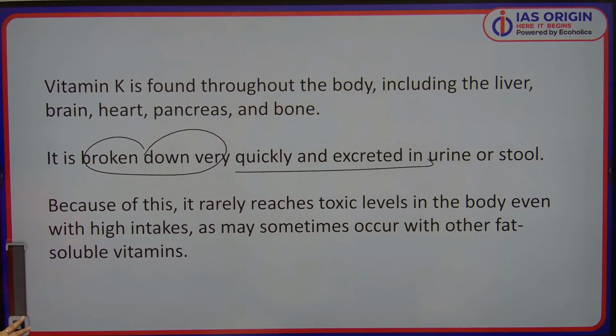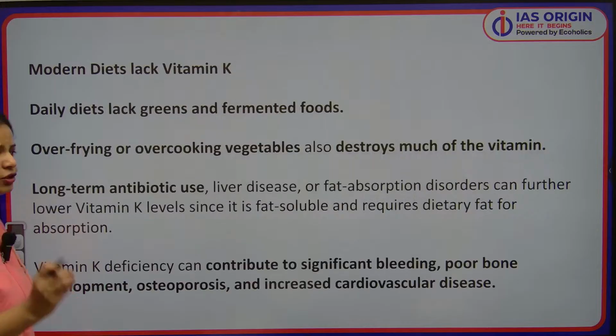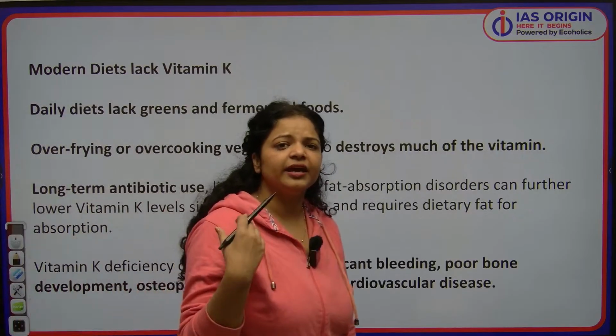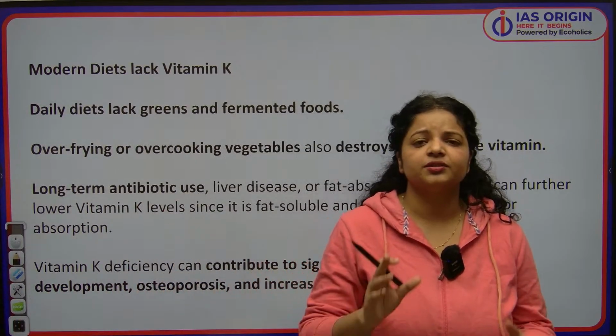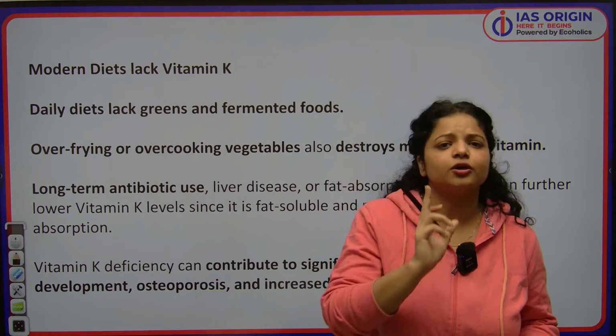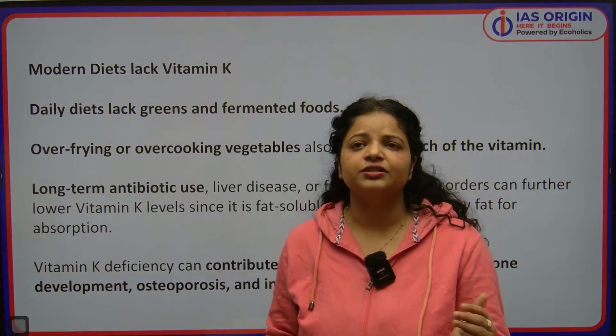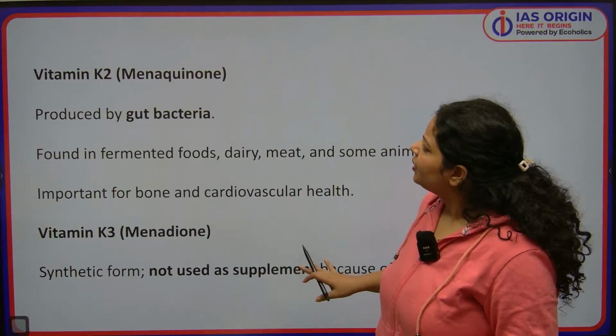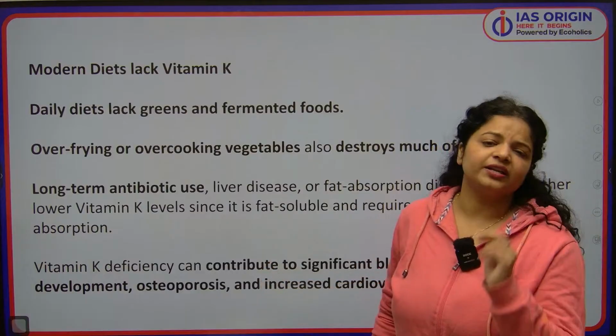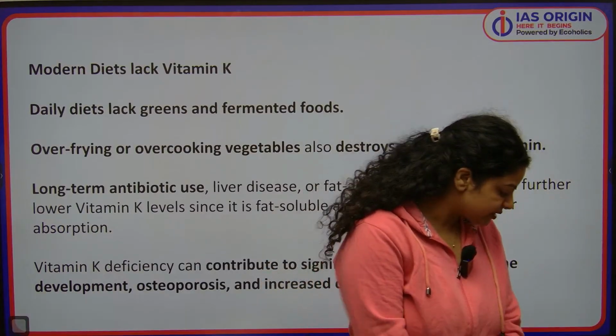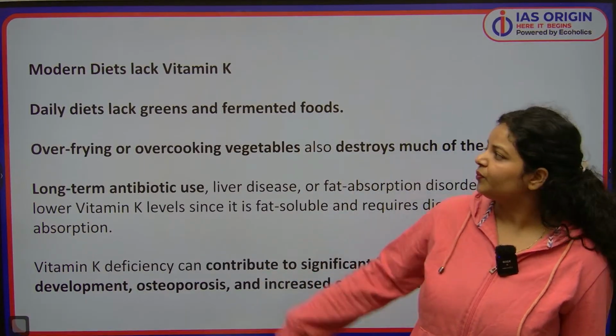That's why researchers find that toxic levels are very rare, and the majority of vitamin K sources are recommended, but vitamin K3 is toxic in nature and is not recommended by doctors. K1 and K2, that is phylloquinone and menaquinone, are the two major forms of vitamin K recommended by doctors.